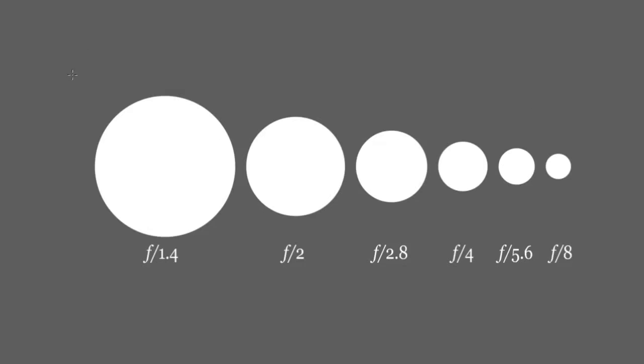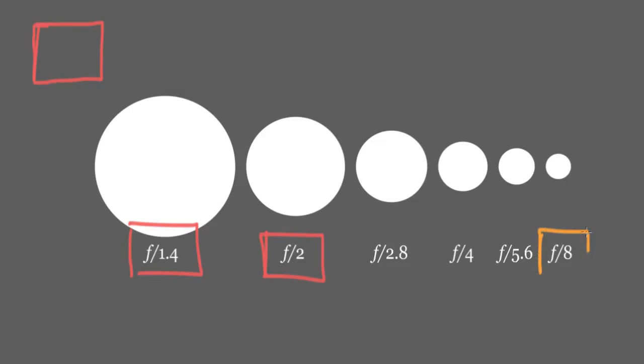So the best way to think about your aperture is to imagine it being a window into your camera. So you've got your window just like a window on a house, and you have bigger windows and smaller windows. Now bigger windows have numbers on them like f1.4 or maybe f2. Smaller windows have numbers like f8, so that's a pretty small little window, and you can see on this diagram how that works.